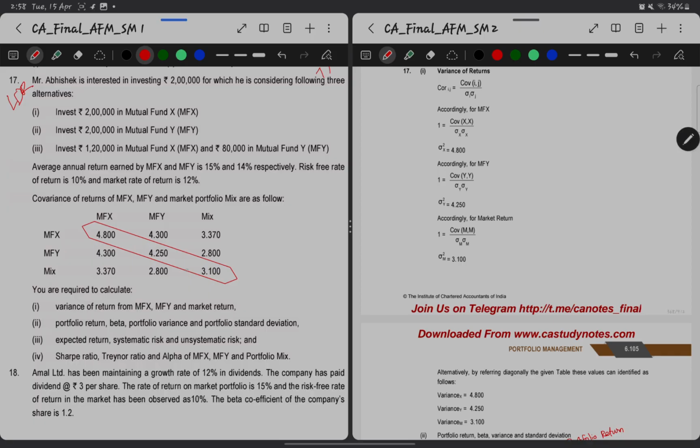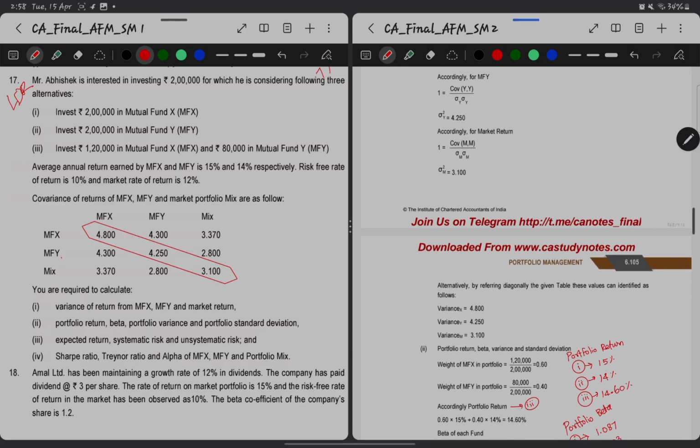So the diagonal values in the table give us the variance. Covariance of MFX with MFX is 4.8, which is the variance. Same way, MFY with MFY, 4.250, is the variance of MFY, and the market return variance is Mix with Mix, 3.1. Taking those values, they have also given the same thing.